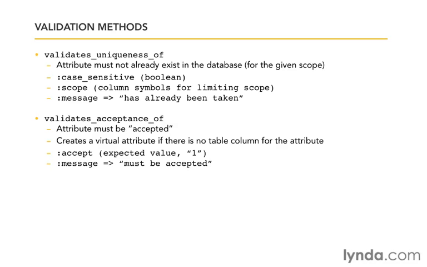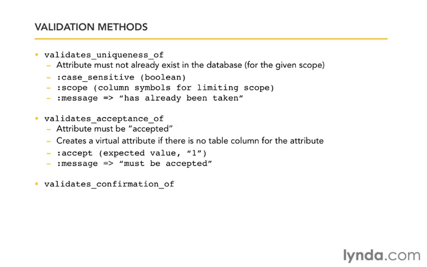If you don't have a column in your table for it, then validates acceptance of will create a virtual attribute and use that. So it will still have to have that value checked, but it won't bother saving it to the database. You can pass in the option accept, which is what value you're looking for. By default, that's going to be the string 1 because that's what the checkbox will send in the form.